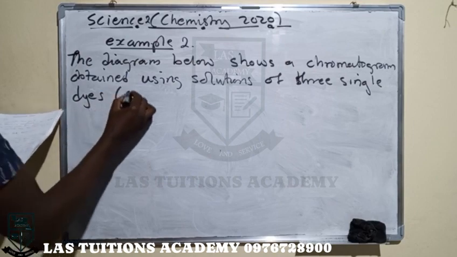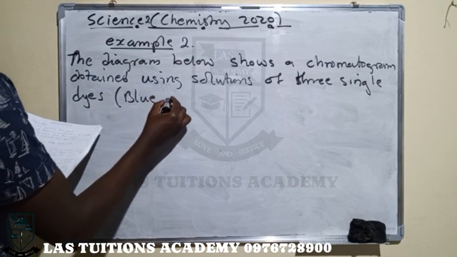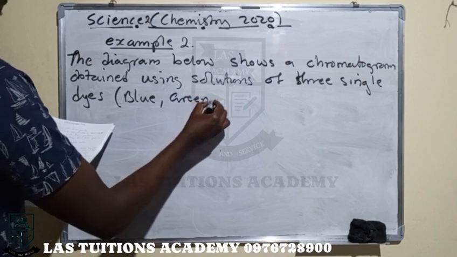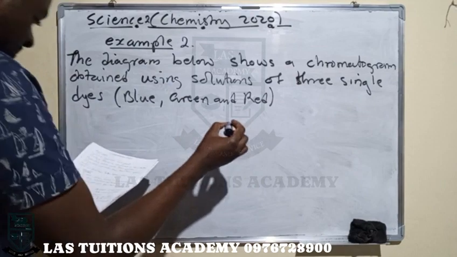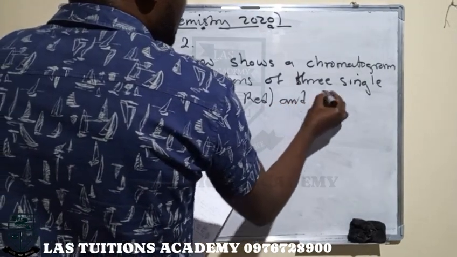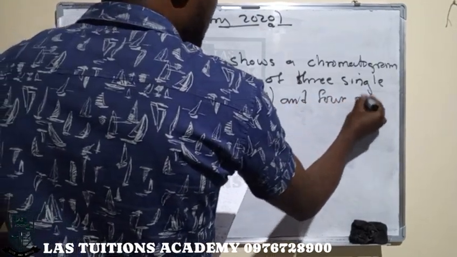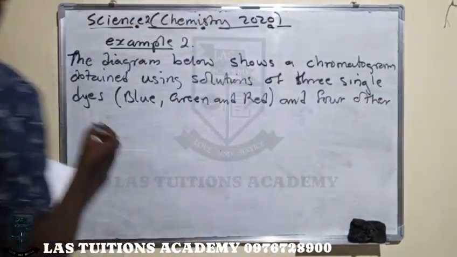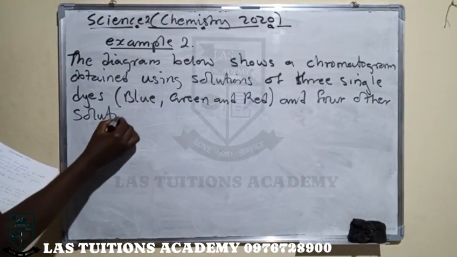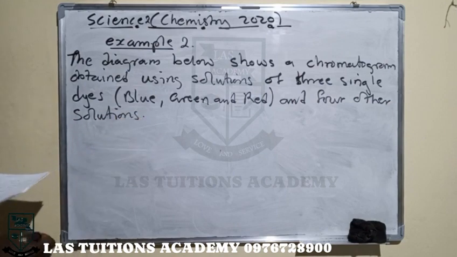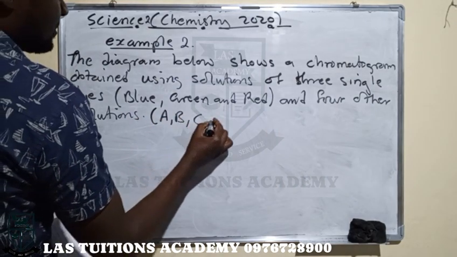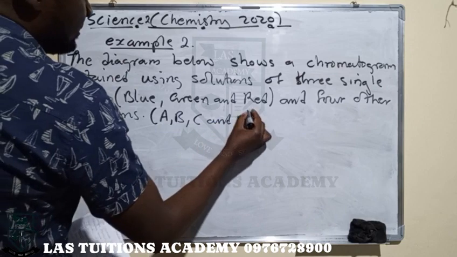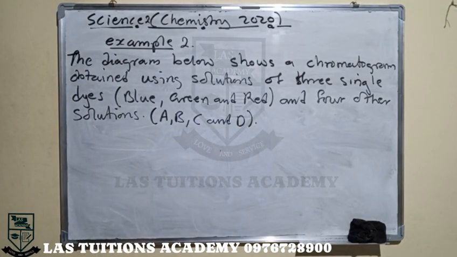So we have blue, green, and red. And 4 other solutions, which are A, B, C, and D. Okay, those are the 4 other solutions.